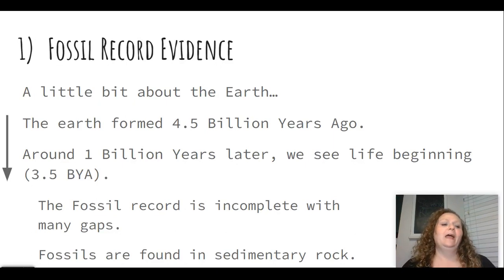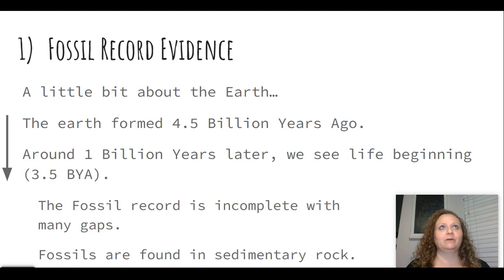Okay. Before we even really talk about the fossil record evidence, just some information that you need to know. The Earth's been around for 4.5 billion years. And it takes us a whole billion years after the formation of the Earth before we start to actually see life. Fossils can only form in sedimentary rock.